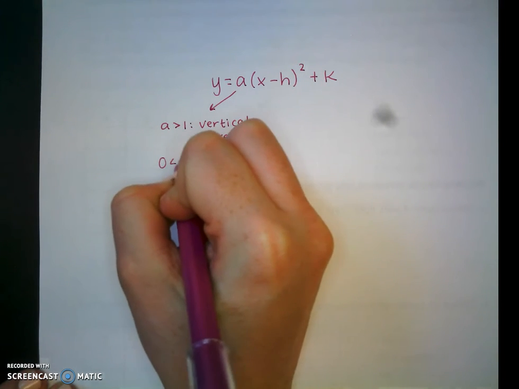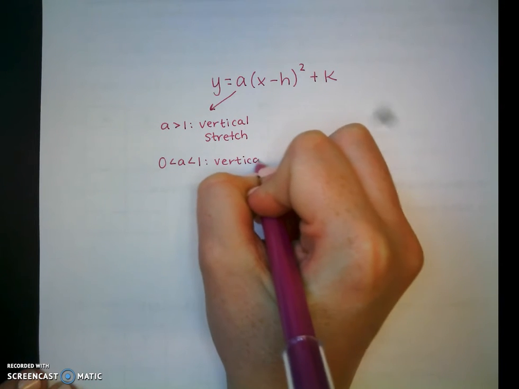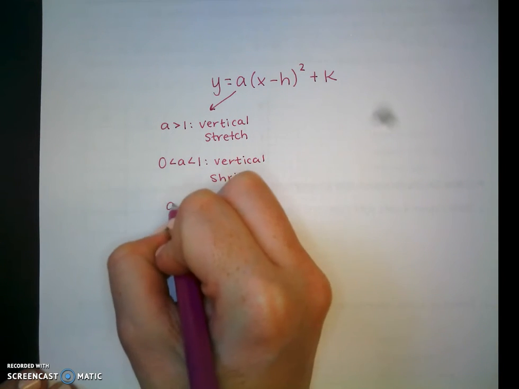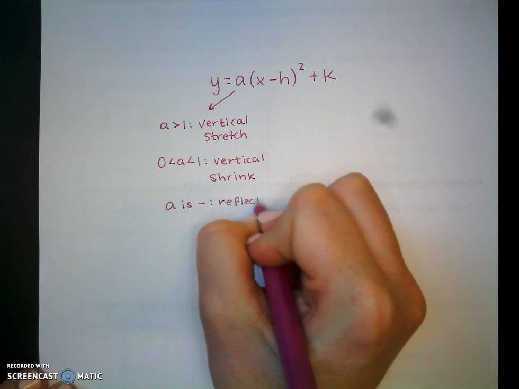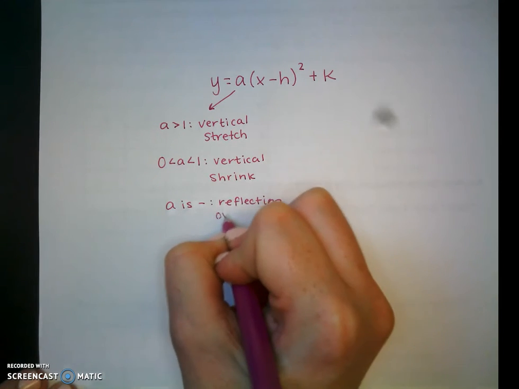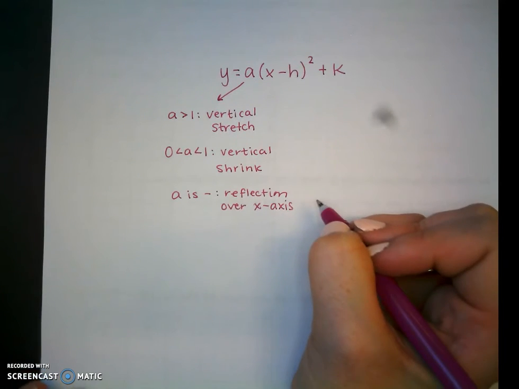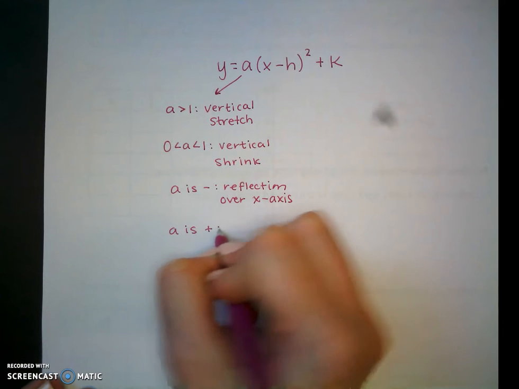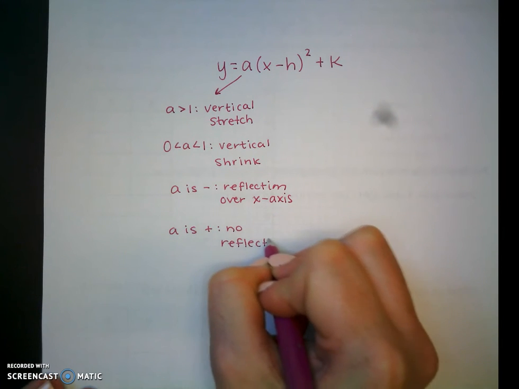If your a was between 0 and 1, there's a vertical shrink. If your a is negative, there's a reflection over the x-axis. And if your a is positive, there is no reflection.